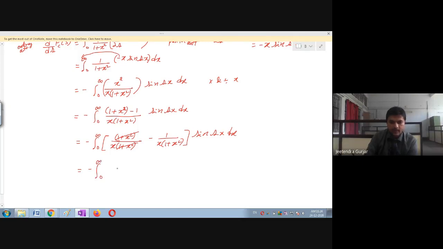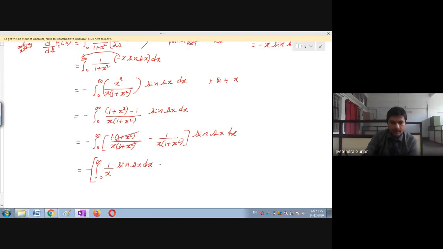Integration 0 to infinity. Now here 1 is there, nothing is there means 1 into 1 plus x square is there. So I will take here 1 upon x, and this sin sx dx I'm going to take inside this bracket. So I'm going to open this bracket, right? I will keep minus outside so that you will not get confused again. So here this will be sin sx dx.